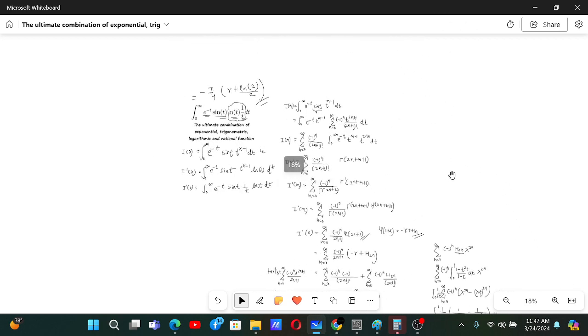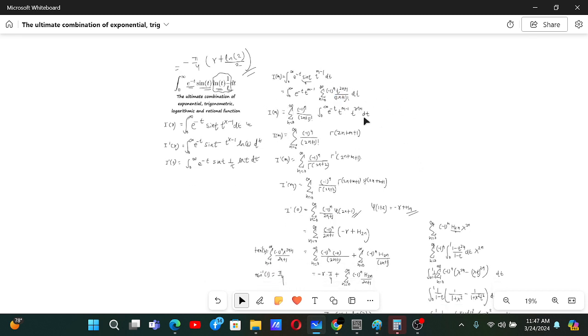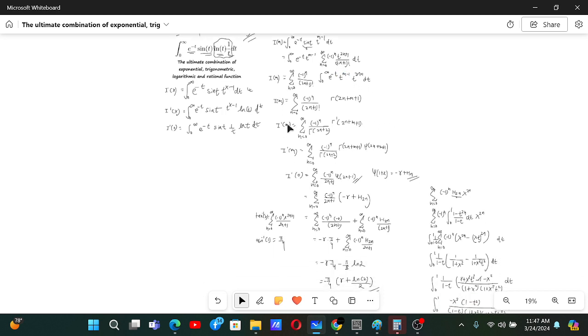We first found a way to make the integral simpler using this expression t to the power x minus 1, and used the series expansion of the sine function, interchanged sum and integral. Here we used the gamma function, and then we differentiated and substituted x equals 0.